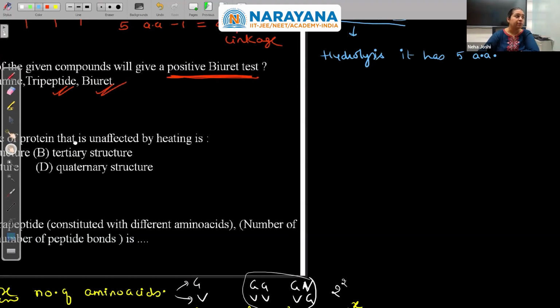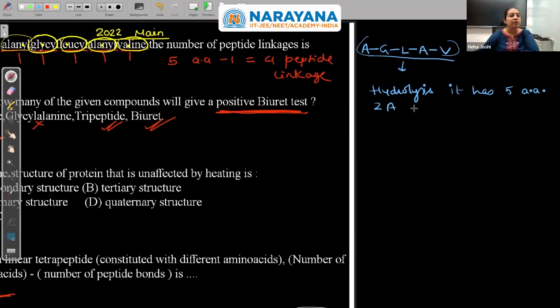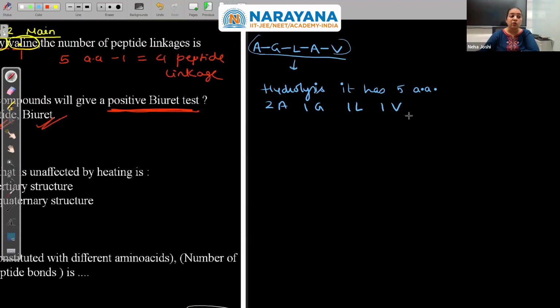The 5 amino acids need not be the same. We are told that you are allowed to use 2 alanine, 1 glycine, 1 leucine and 1 valine. Okay, you are allowed to use this. Now you have to identify the sequence. So they say we get the following pieces on hydrolysis.